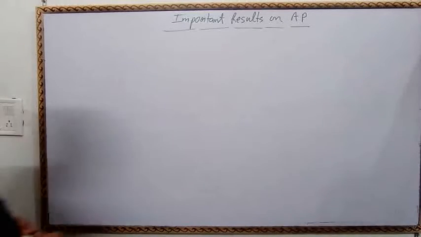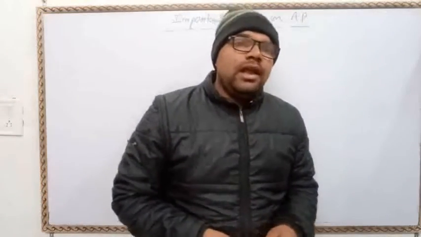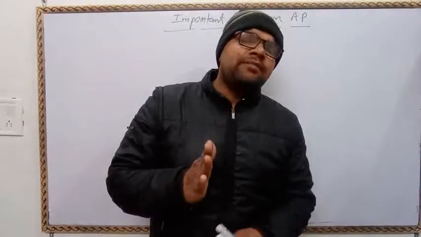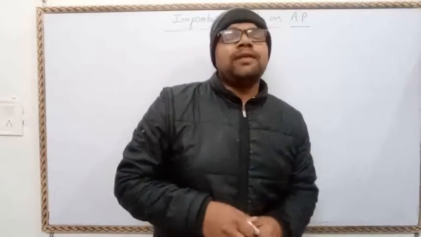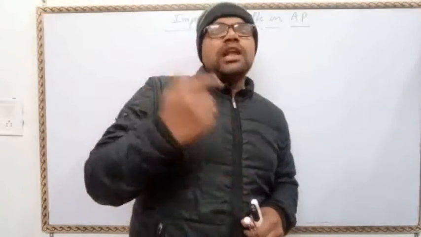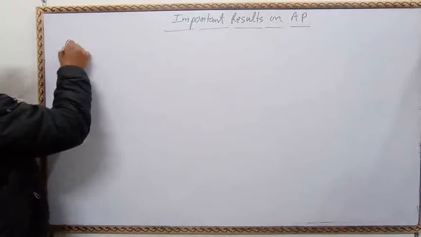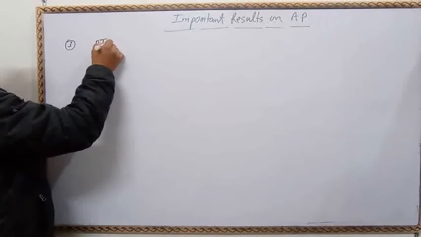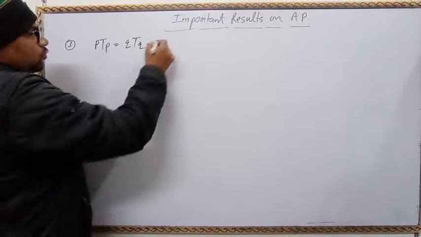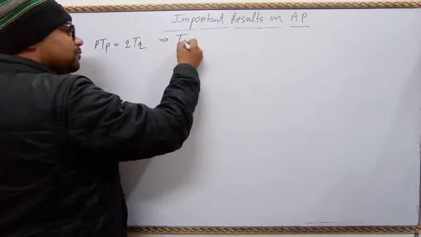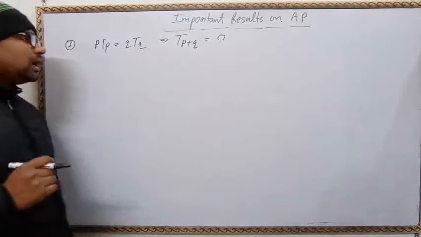Okay. Now comes the next point. If P times the Pth term is equal to Q times the Qth term, then what about T(P+Q)? It means P times the Pth term is equal to Q times the Qth term, so what will be T(P+Q)? It will be 0.